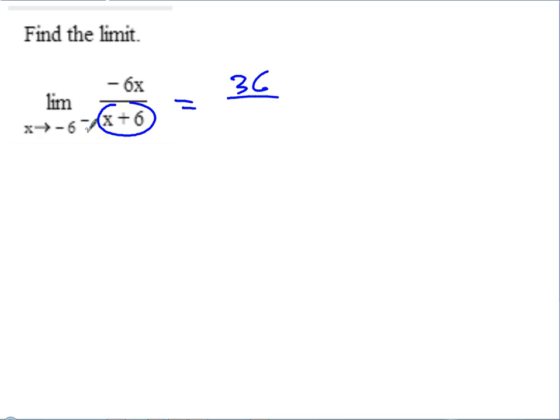It's going to 0, but is it going to be a small positive or a small negative result? Small negative. I'm taking numbers like -6 point something, and adding that to +6. So there's going to be a little bit of negative leftover. So we call that a 0 minus, right? Now remember, if we got a 0 on the bottom, we know it's infinite, but in this case, what's the sign of the infinity going to be? Negative. Yeah. All right.